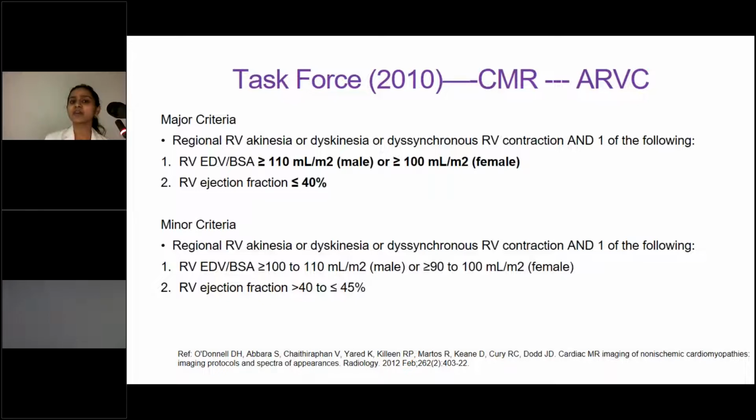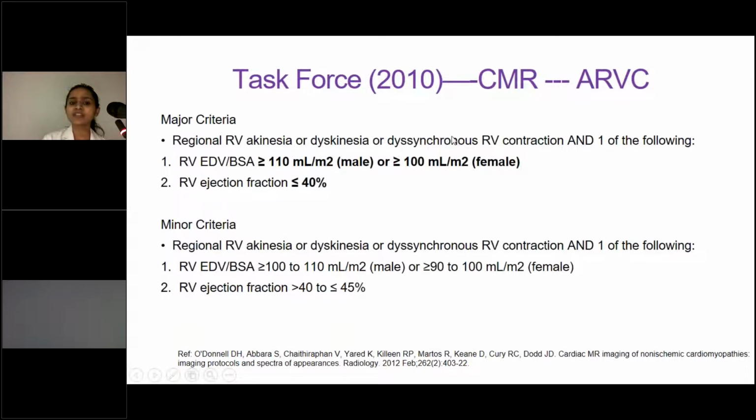Here we are going to discuss the role of cardiac MRI in the evaluation of the structural parameters of the disease. The major criteria described under the task force for cardiac MR are regional right ventricular akinesia, meaning no motion, dyskinesia, meaning abnormal motion, like a segment of ventricular myocardium expanding instead of contracting in ventricular systole, and dyssynchronous right ventricular contraction, meaning different segments of the right ventricular myocardium are contracting at different times.